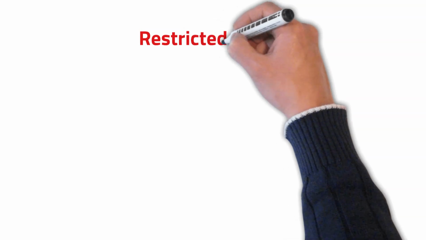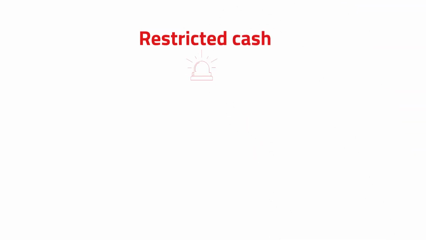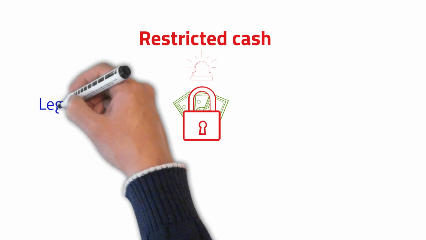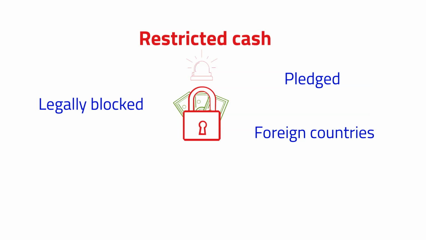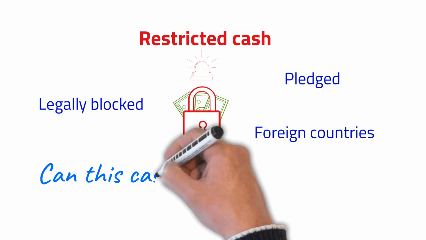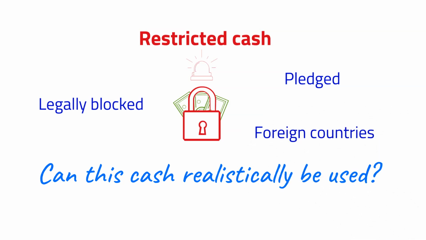But restricted cash or trapped cash should then also be excluded. For example, some cash may be legally blocked, pledged as collateral, or held in countries where transferring money is difficult. So, before deducting cash from debt, you ask one key question: can this cash realistically be used?